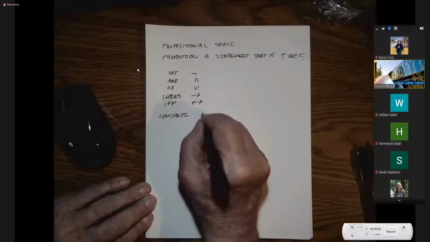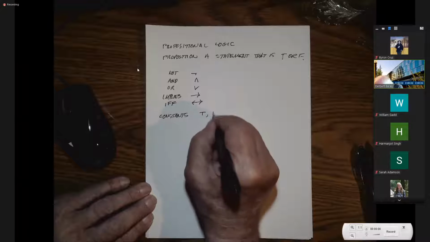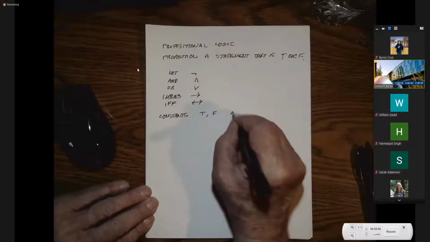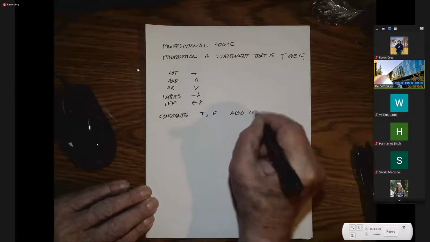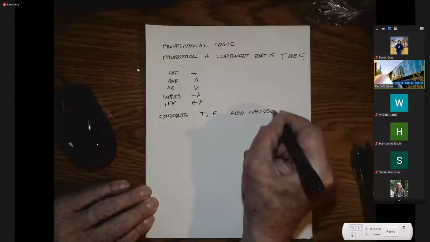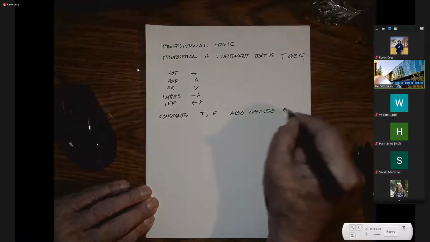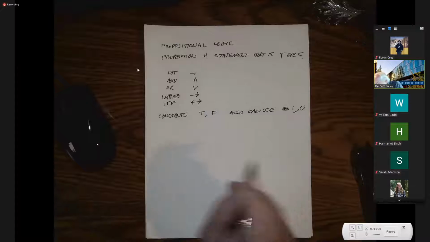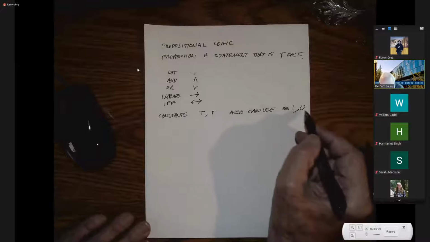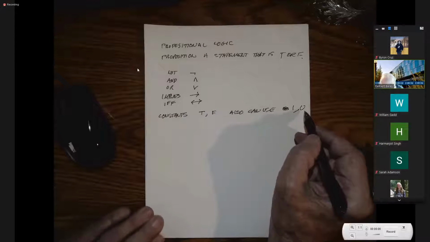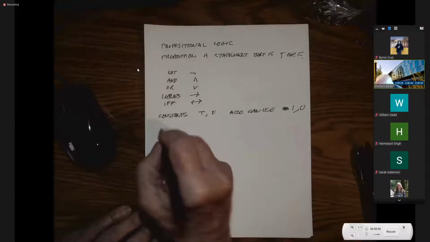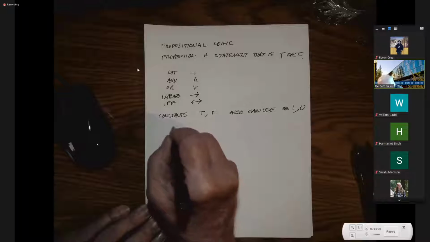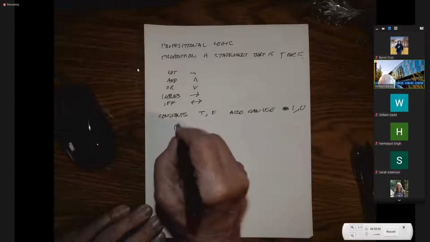These should be T and F for true and false, but we can also use, if I'm going to say true or false, let's say 1 and 0. These are a lot easier to write, so we'll frequently use those. Variables are usually written in uppercase.